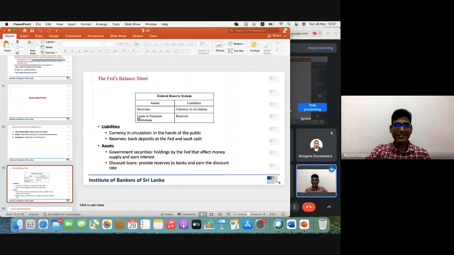So the asset side is securities and loans to financial institutions, but the liability side is currency in circulation and reserves. These loans are called discount loans in the US, and the interest rate charged on those loans is called the discount rate, if you go through the textbooks. So this is a central bank's typical balance sheet.